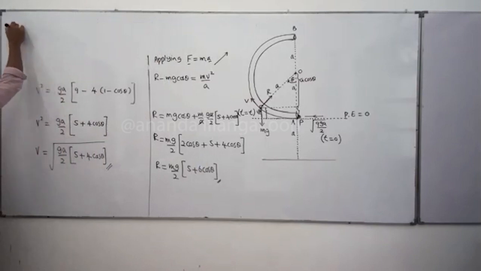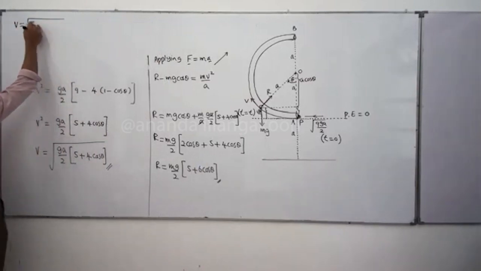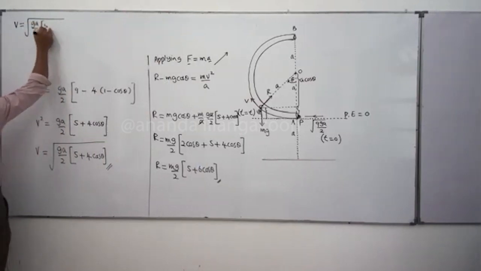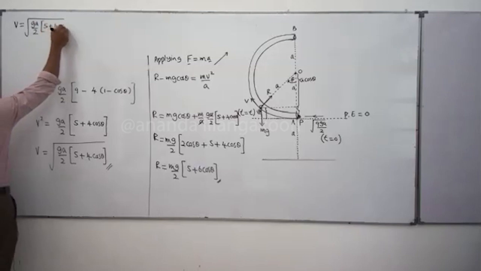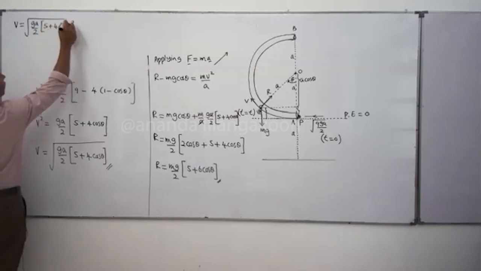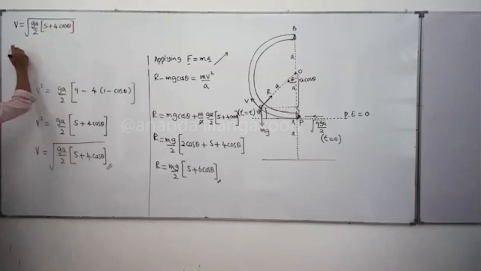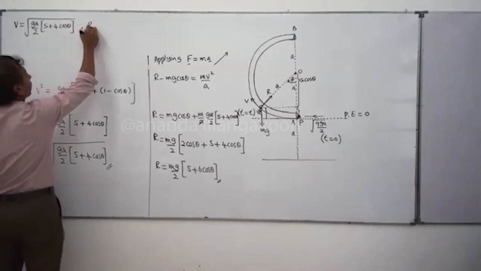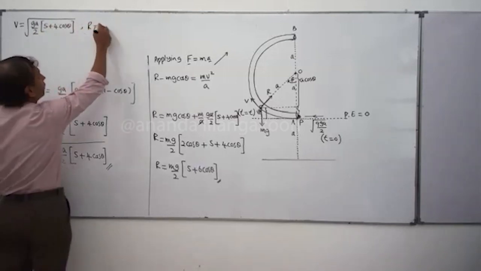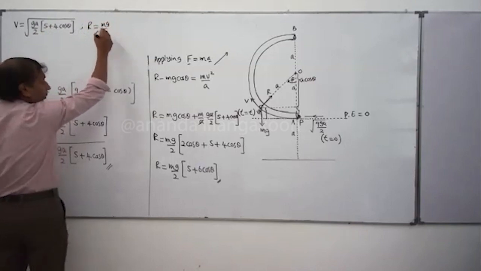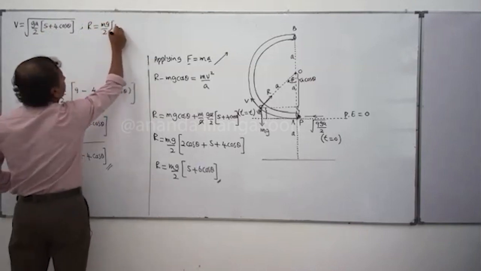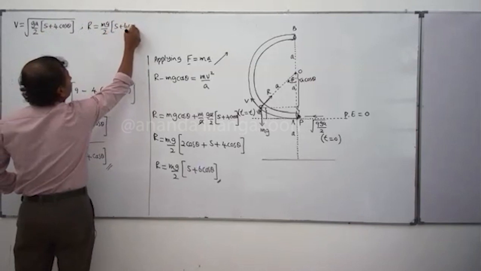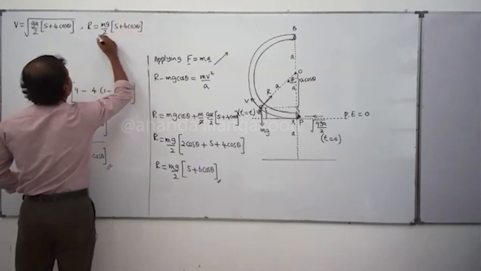V equals root of ga by 2 times (5 plus 4 cos theta), and R is mg by 2 times (5 plus 6 cos theta).